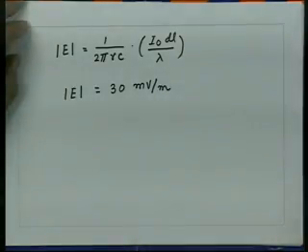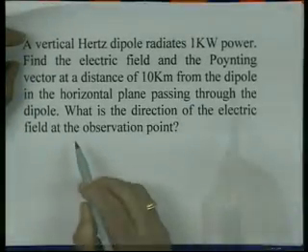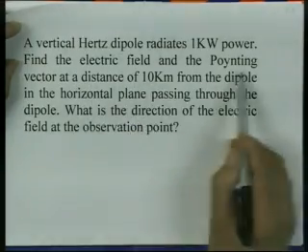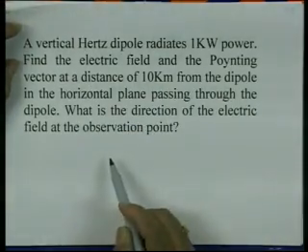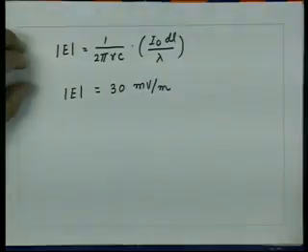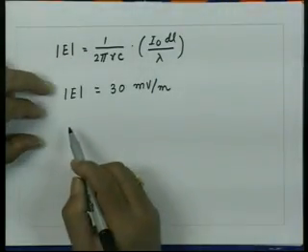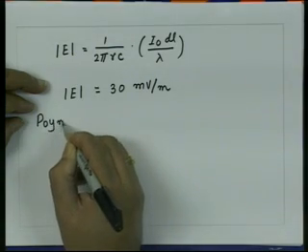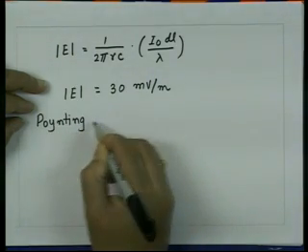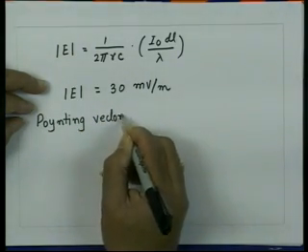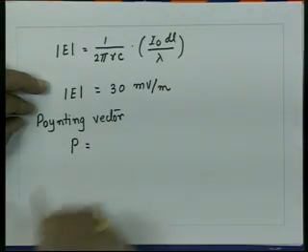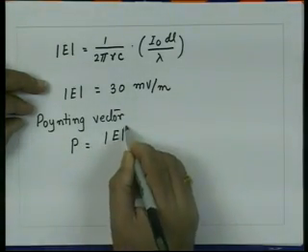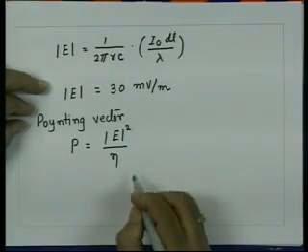The next thing which you have to find out in this problem is, in the horizontal plane passing through this, we want to know the electric field and the Poynting vector at a distance of 10 kilometer. So, we found the electric field. Now, we have to find out what is the Poynting vector at that location. So, we know that Poynting vector P, the magnitude of that is equal to mod E square upon eta.